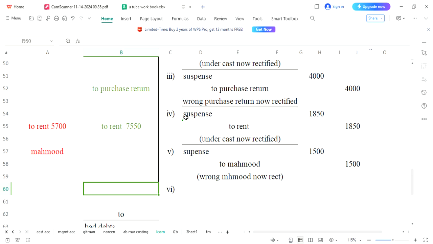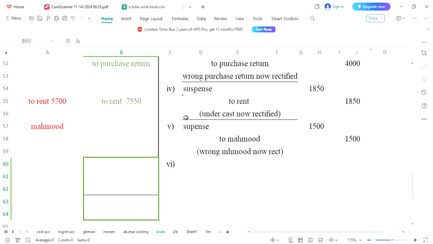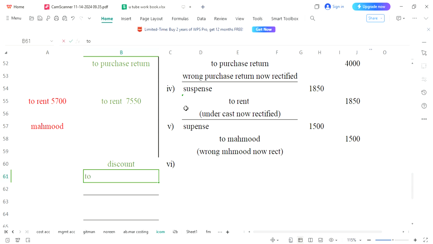It has been written directly. So we will write discount on debit side. So discount 2 would be written, and let me align it properly. Though it's a rough work, we should be with our performer. This would help us to make it correct.